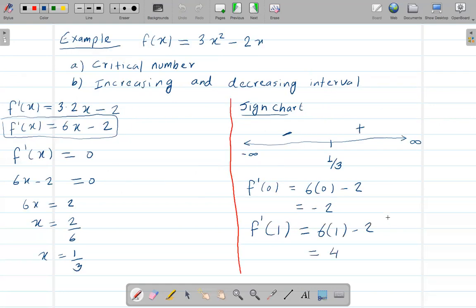So then let's write the increasing and decreasing intervals. Let me write D, which means decreasing. The decreasing interval is negative infinity to 1 over 3, and the increasing interval is 1 over 3 to infinity.